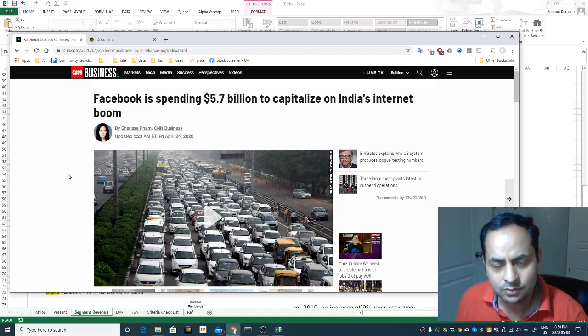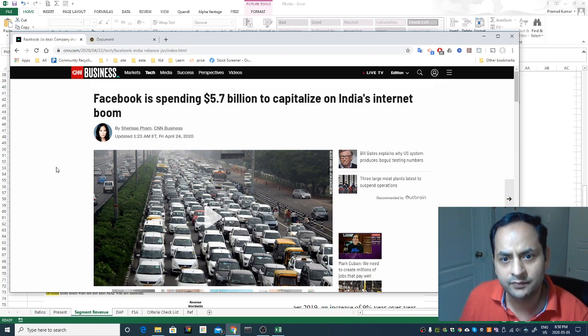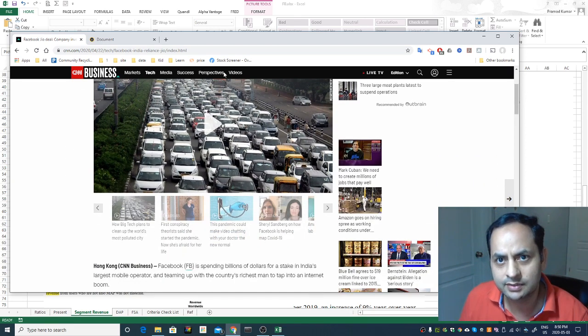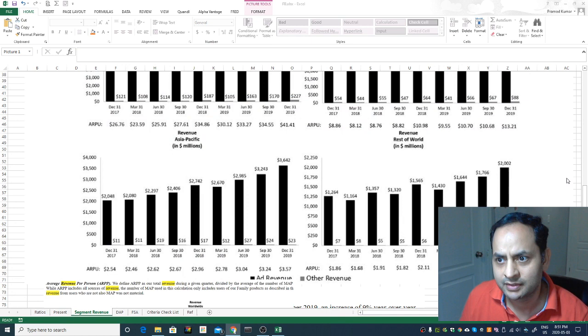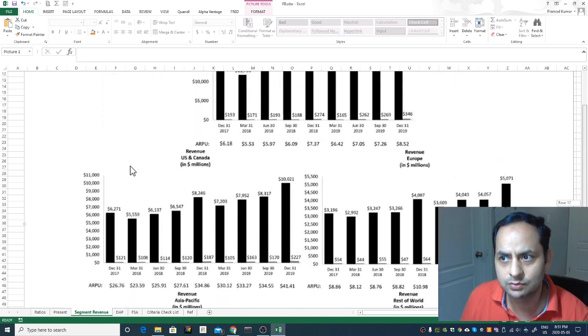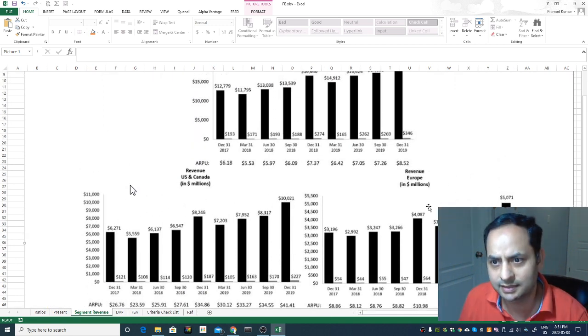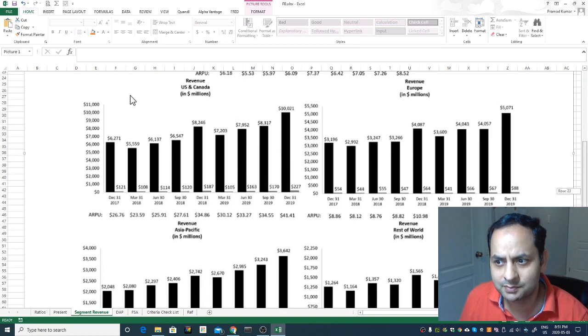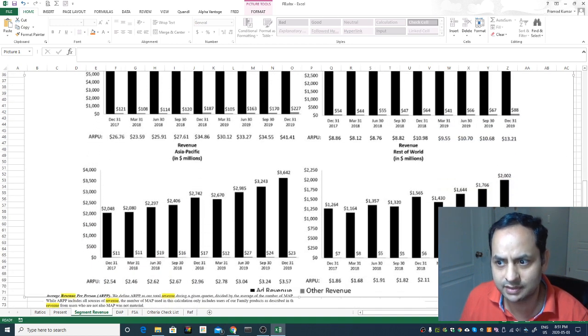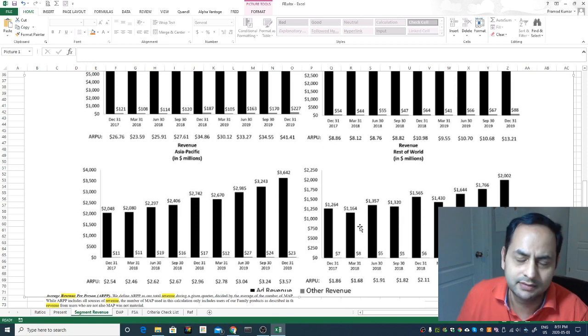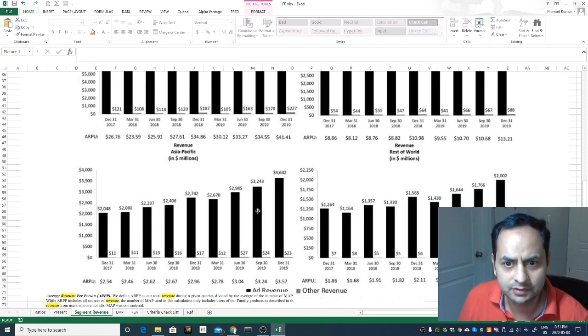So if they can monetize by selling ads there, my expectation is this $2,000 on the rest of the world will soon surpass $10 billion, and the share price will skyrocket within a few years. That's my prediction.